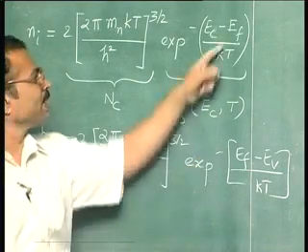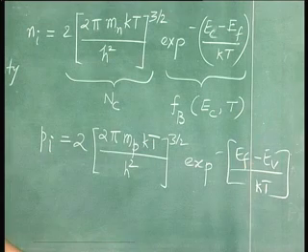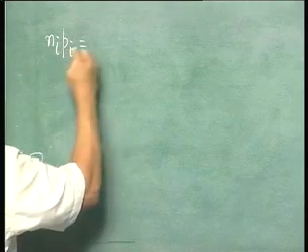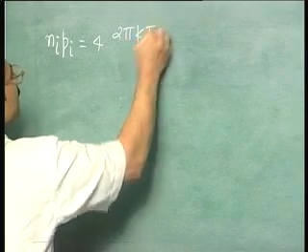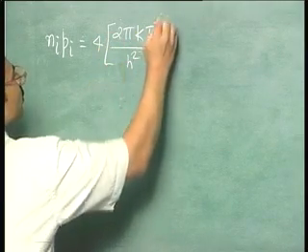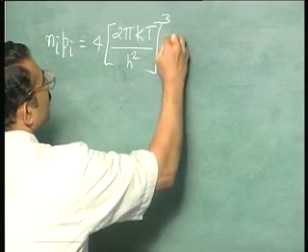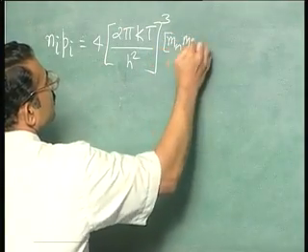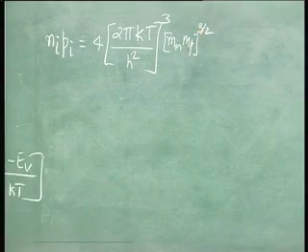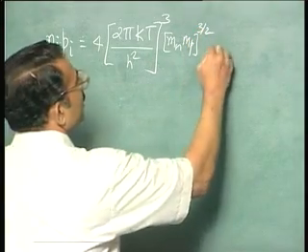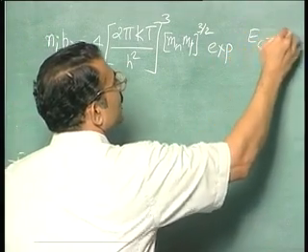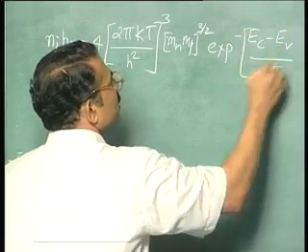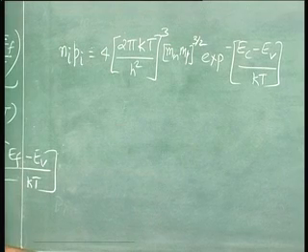When you multiply, the Ef will get cancelled and we will get the result Ni Pi is equal to 4 into 2 pi kT upon h square whole power 3 into Mn Mp whole power 3 by 2 into exponential of Ec minus Ev upon kT with a negative sign. That is the result.